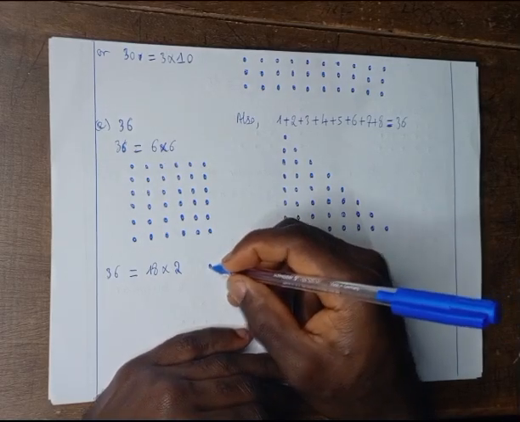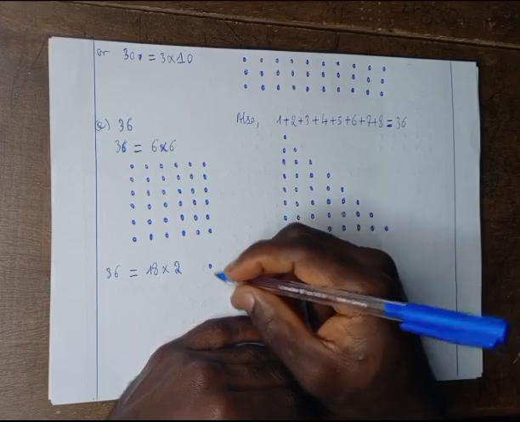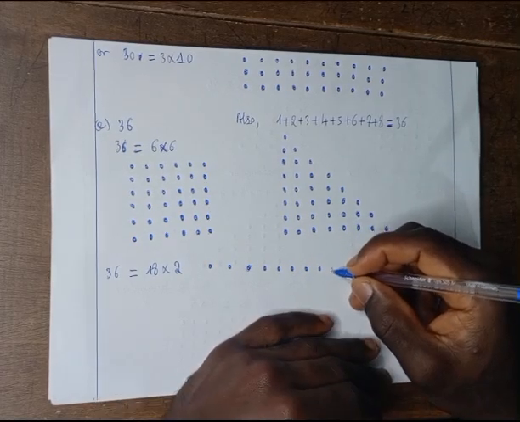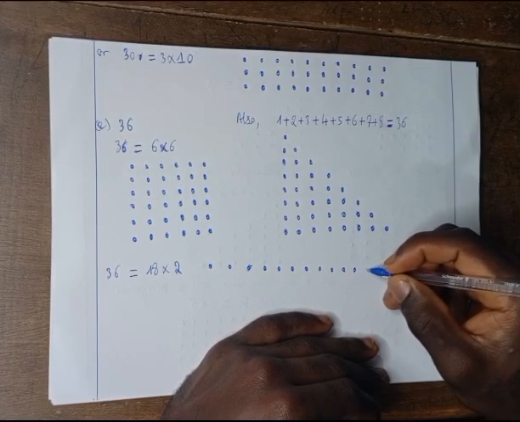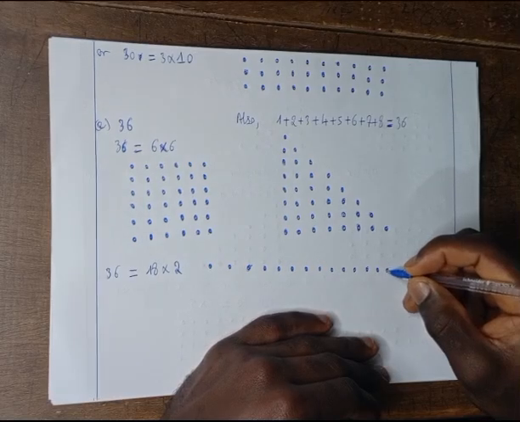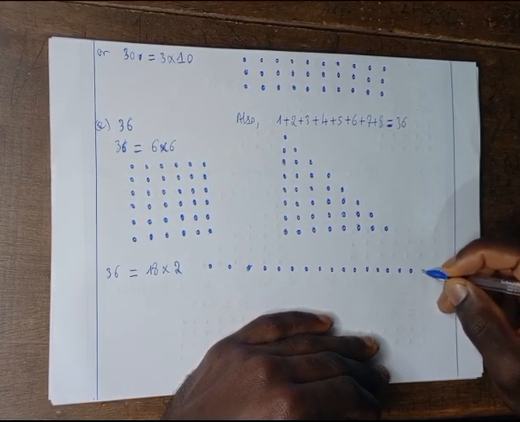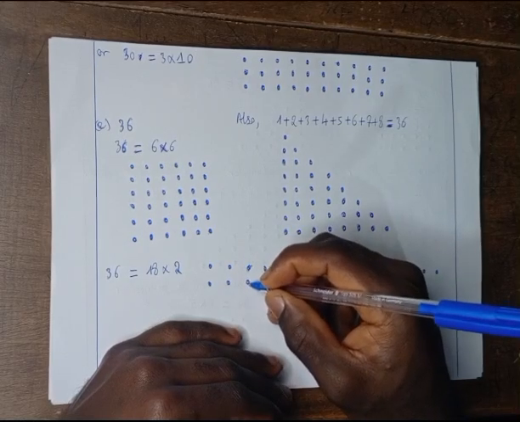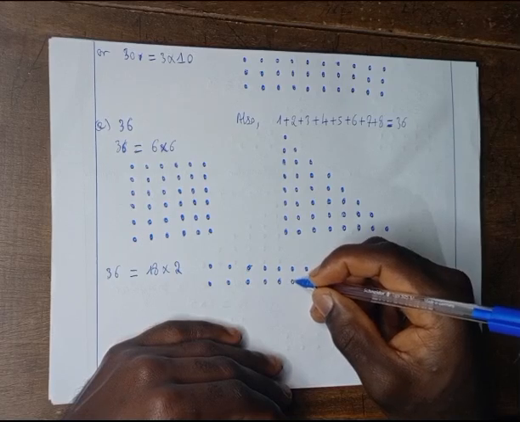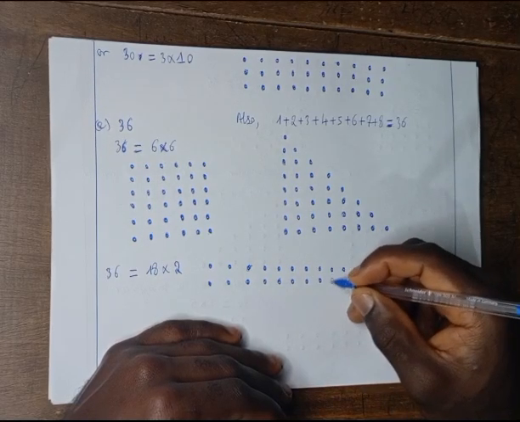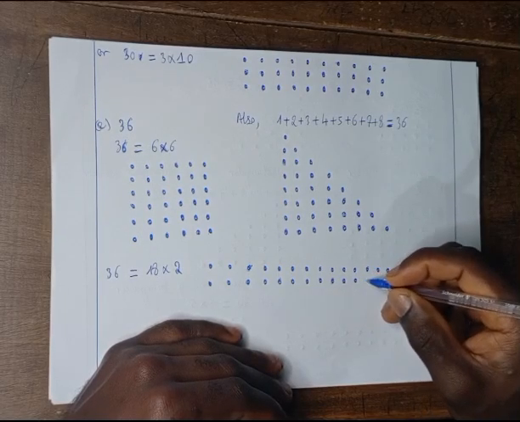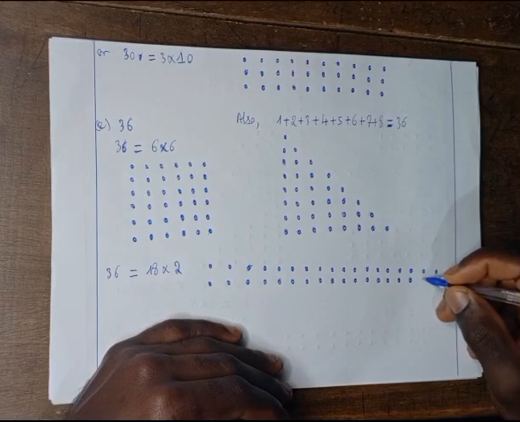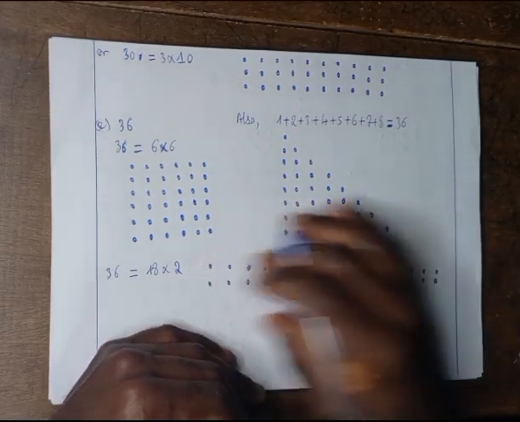That means it can be expressed as such, with 18 dots on the line. 1, 2, 3, 4, 5, 6, 7, 8, 9, 10, 11, 12, 13, 14, 15, 16, 17, 18, 19, 20, 21, 22, 23, 24, 25, 26, 27, 28, 29, 30, 31, 32, 33, 34, 35, and lastly 36. You see that here it is rectangular.